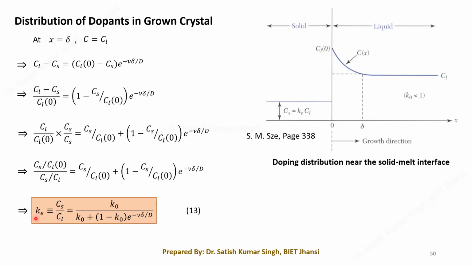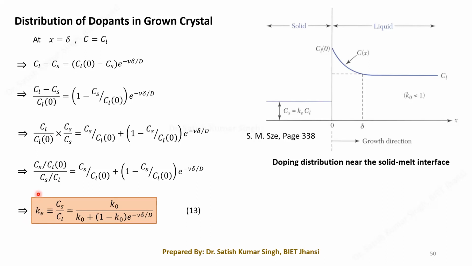When Ke is equal to 1. If Ke is still less than 1, you can assume that there will be a continuous rejection of the dopant into the melt. So how to make this effective segregation coefficient equal to unity?